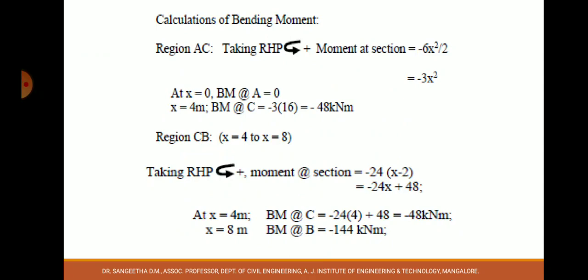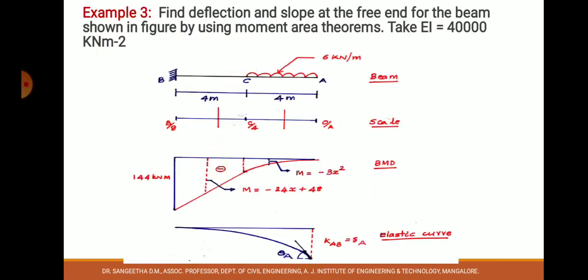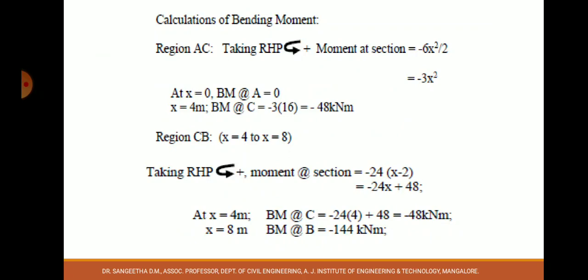Moment at the section, that is from x equal to 4 to 8: 6 into 4, 6 4s are 24, into L by 2, this is 2, and up to here it is x. So x minus 2, that's the equation here. Simplifying it, you have minus 24x plus 48.